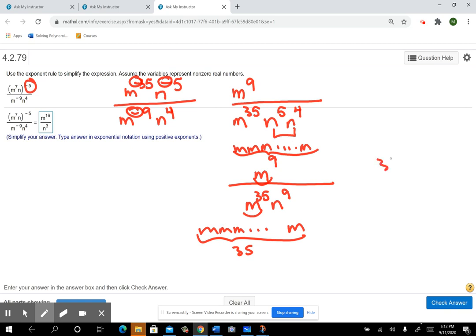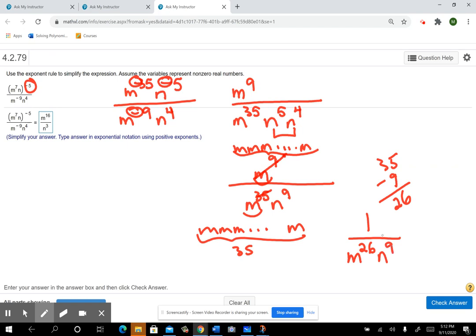So you take the 35, you take away 9 of them. That leaves you with 26. Okay, so when you knock out these 9 m's from here, this right here is going to be only a 26. So you have 1 on top and then m to the 26th, n to the 9th for your final answer.